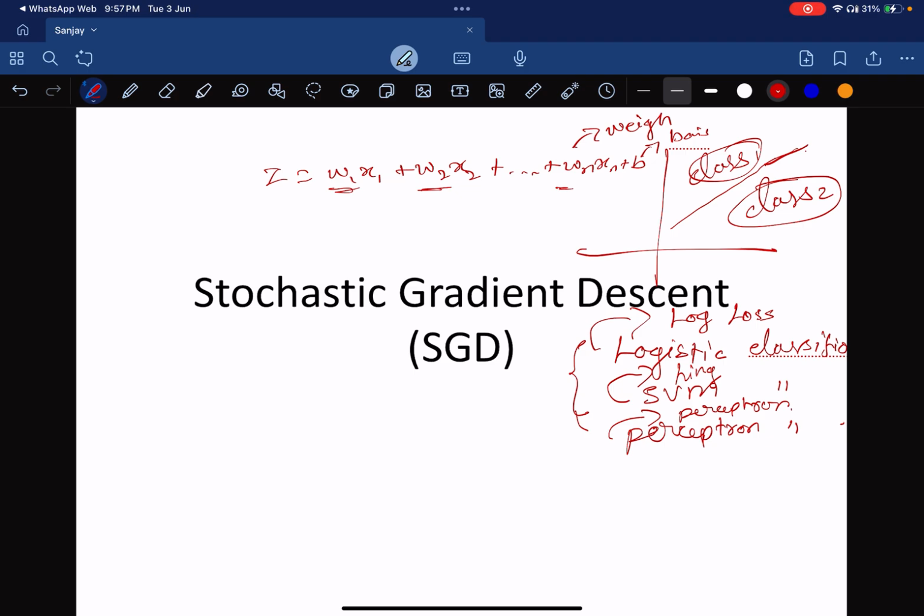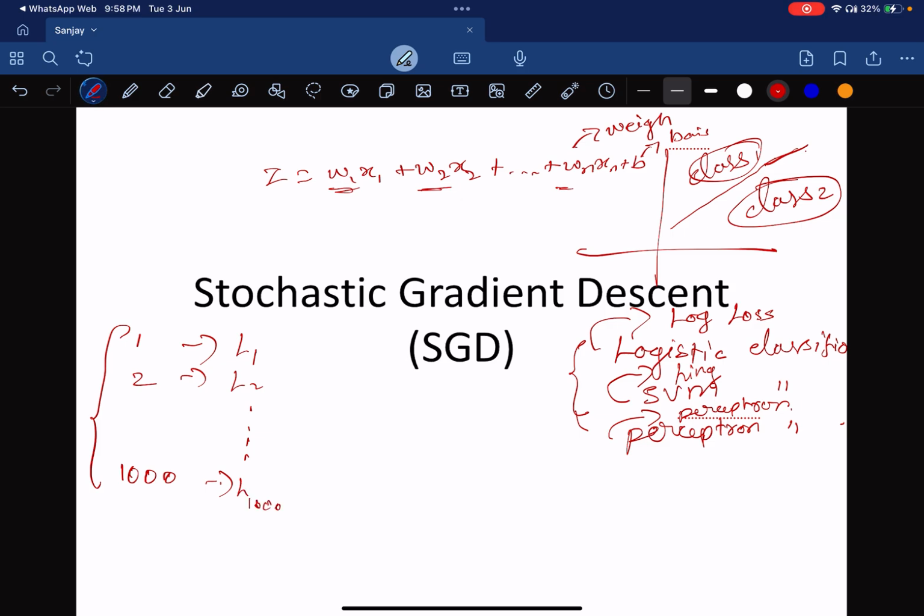One advantage of stochastic gradient descent is mini-batch training. In these three algorithms, if there is a data set of, say, 1000 points, it will find the error on each data point of the whole data set. The error, or loss, for data point 1 is L1, and for data point 2 is L2, up to the loss for data point 1000, which is L1000.